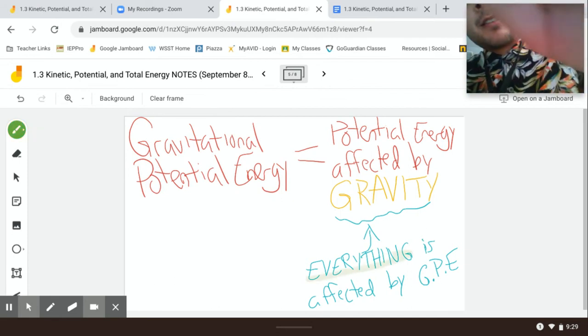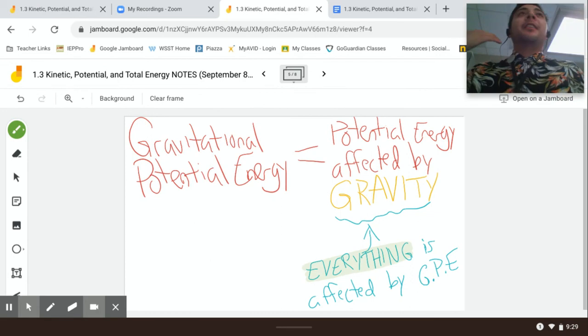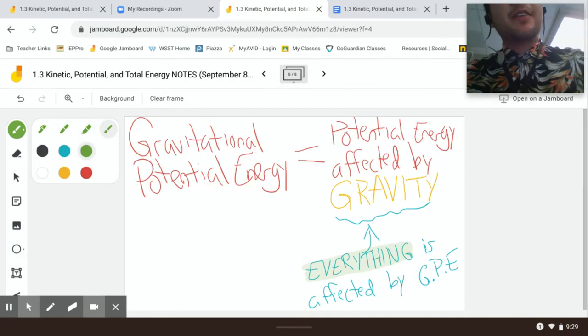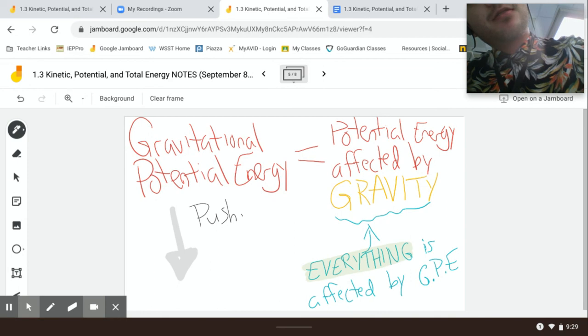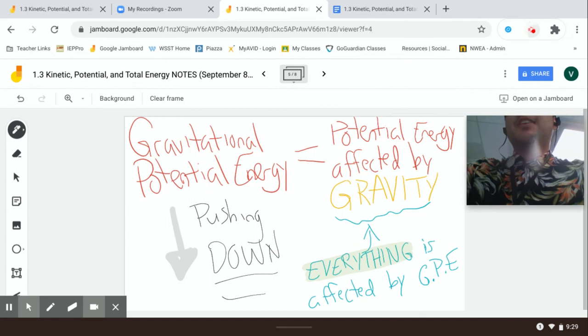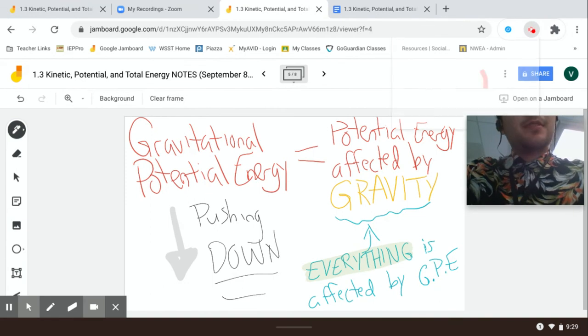That's cars, water, the air, ourselves, buildings, anything. Like Earth has gravity, everything's affected by gravitational potential energy because gravity is pushing us down. To be more specific, that force is pushing us down.